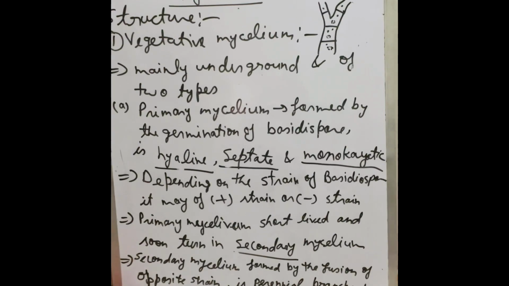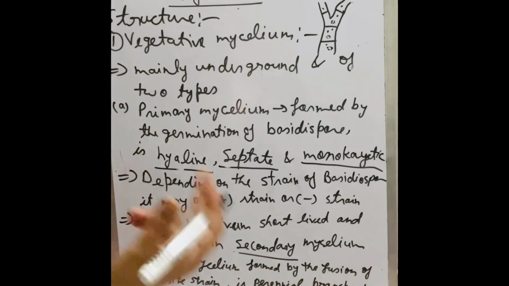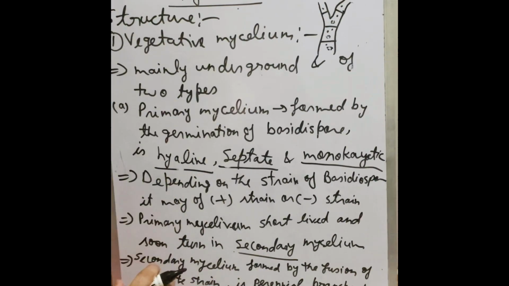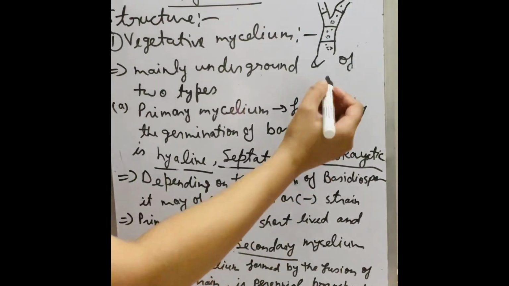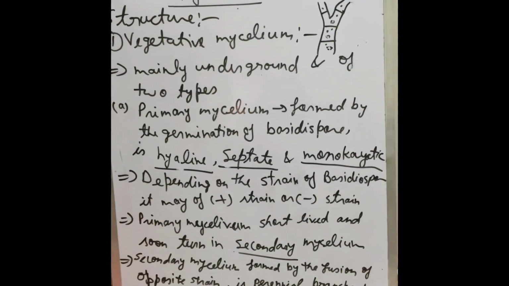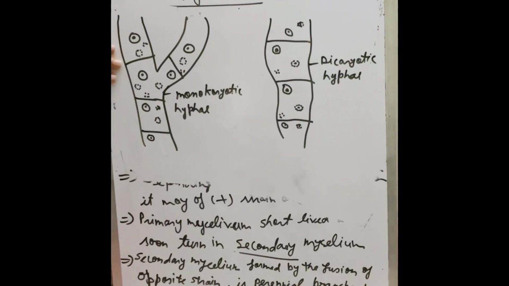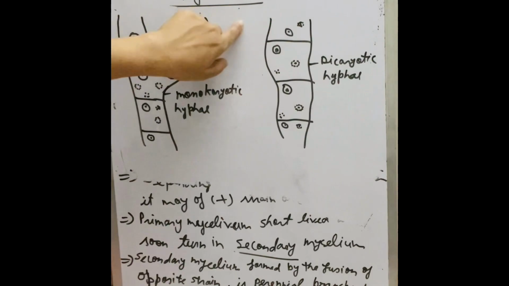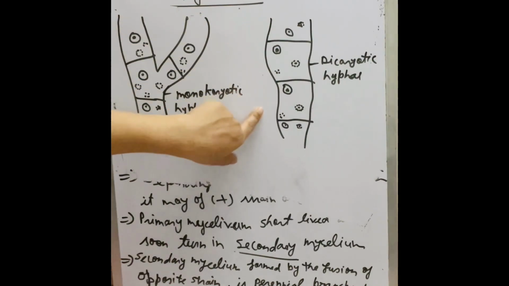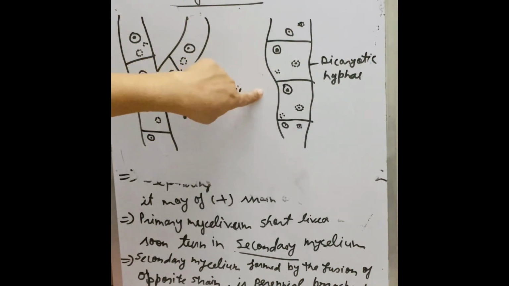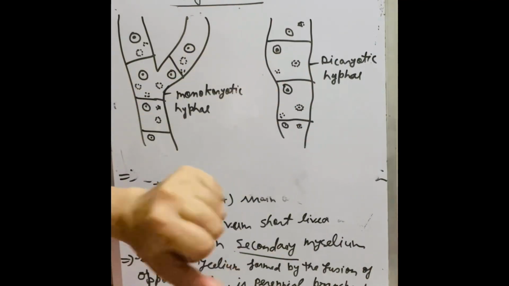The cells will also be binucleate. After the fusion, when the secondary mycelium or rhizomorph forms, it is binucleate. I'll show you in the diagram. In this figure you can see monokaryotic hyphae, which are uninucleate, and dikaryotic hyphae, which are binucleate, having two nuclei.